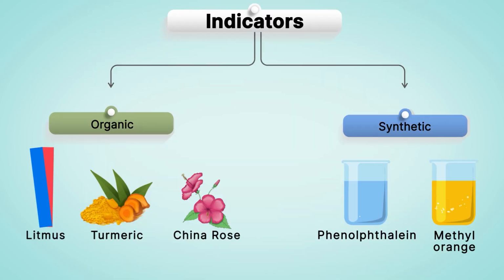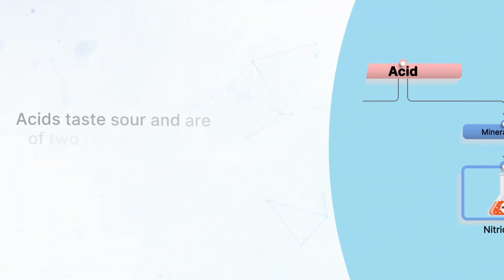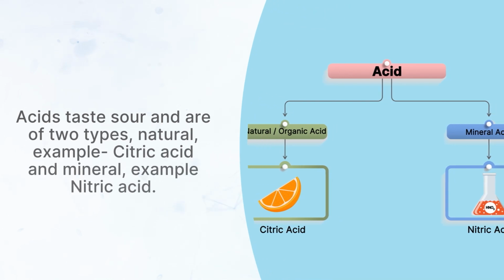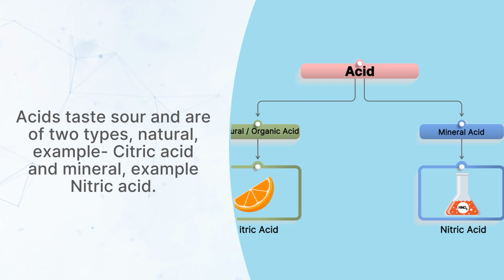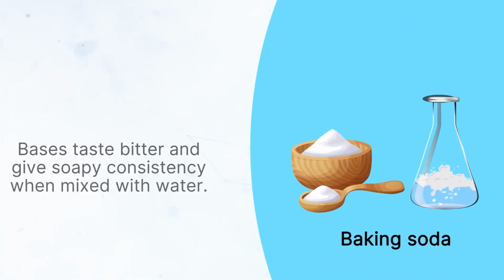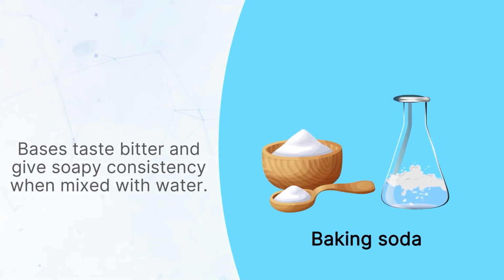Well, that's all for this topic. Let's recap what we learned today. Acids taste sour and are of two types: natural, example citric acid, and mineral, example nitric acid. Bases taste bitter and give a soapy consistency when mixed with water.